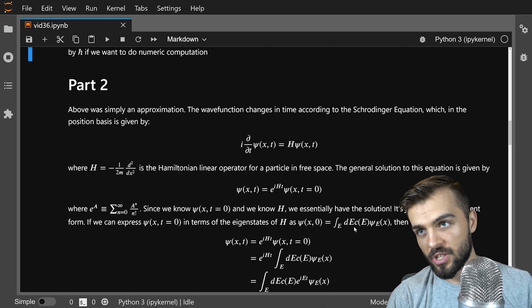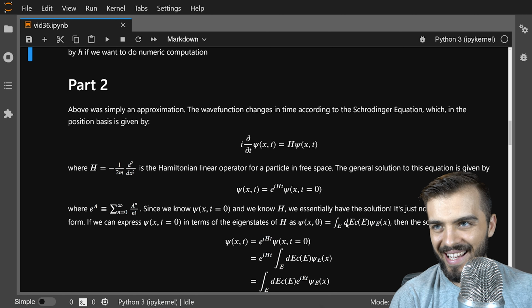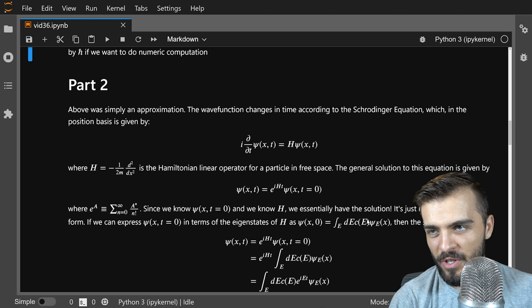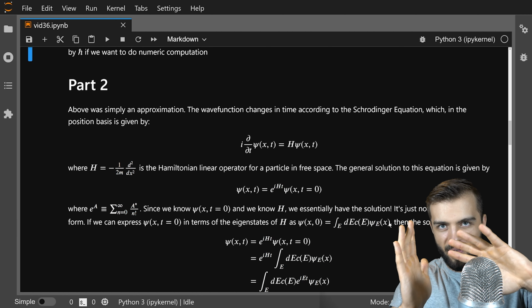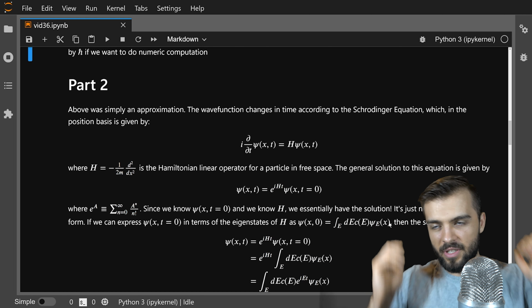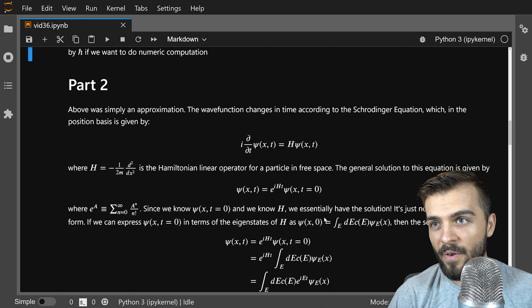Remember, an integral is just a sum. And the weight of each one of these functions is dE times the coefficient c of e. You could think of dE c of e as the weight, and then psi e of x as the vector. So you're summing all these different vectors together, and you get the general solution psi of x at 0. And this could be any function you want.